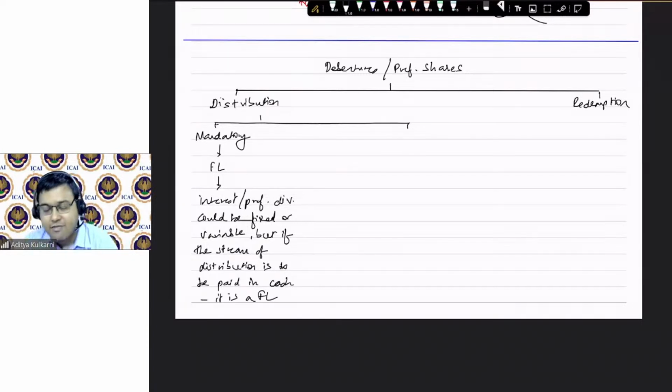It is a financial liability means, what is a financial liability? Not the debentures. I haven't analyzed the debentures yet. I am only analyzing that the distribution is a financial liability. Okay, distribution is a financial liability. That's it. Redemption पे तो बात आया नहीं है.